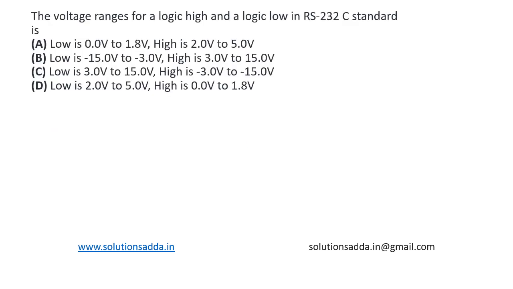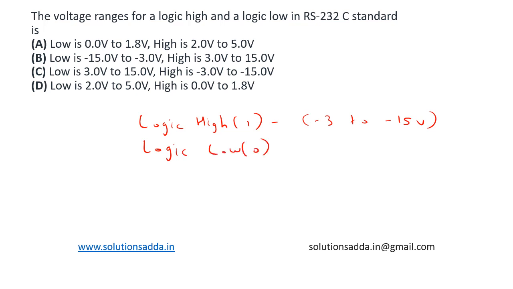This is a question from digital logic. The voltage range for a logic high and logic low in RS-232C standard is, and four options are given. So in RS-232C standard, a logic high, that is 1, is represented by a negative voltage anywhere from the range -3 to -15 volt, while a logic low, that is 0, is represented by a positive voltage that can be ranging anywhere between +3 to +15 volt.